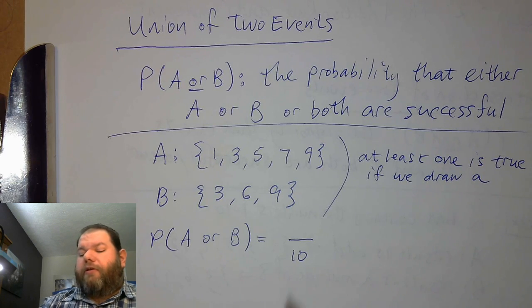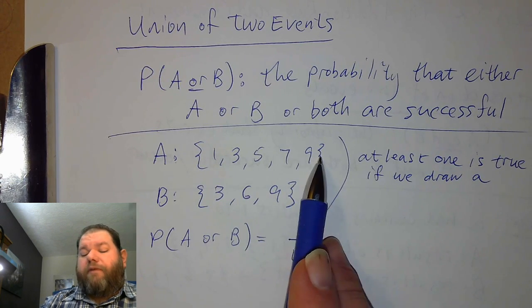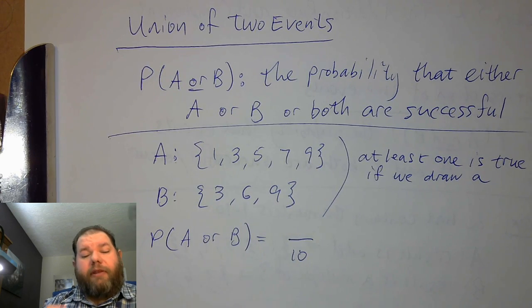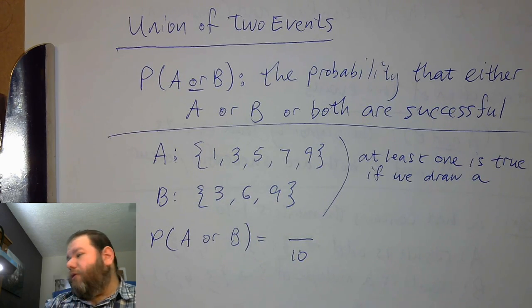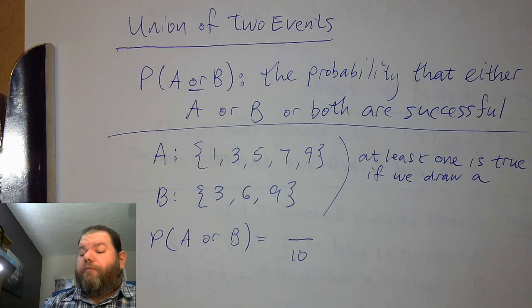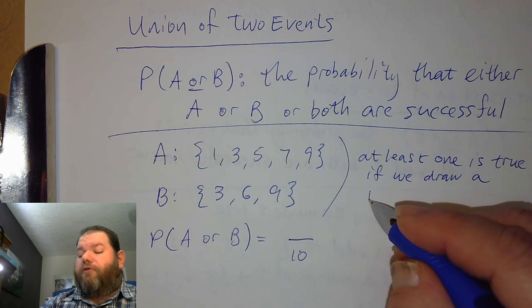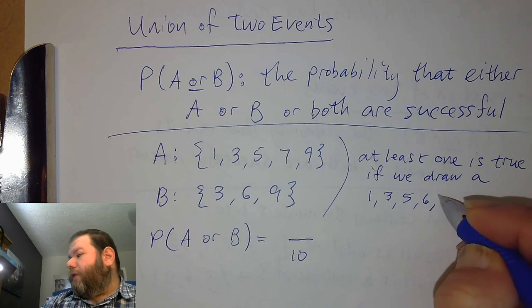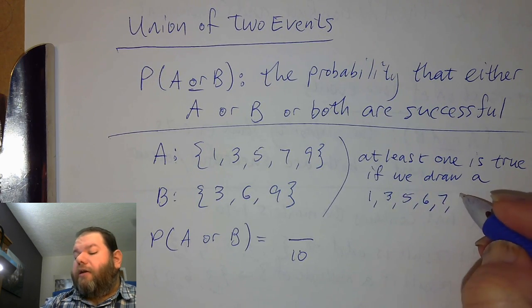But the idea is that we have 5 numbers here and we have 3 numbers here, but there are some that are in common that we saw in the last question. So at least one of these is true if we draw 1, 3, 5, 6, 7, and 9.